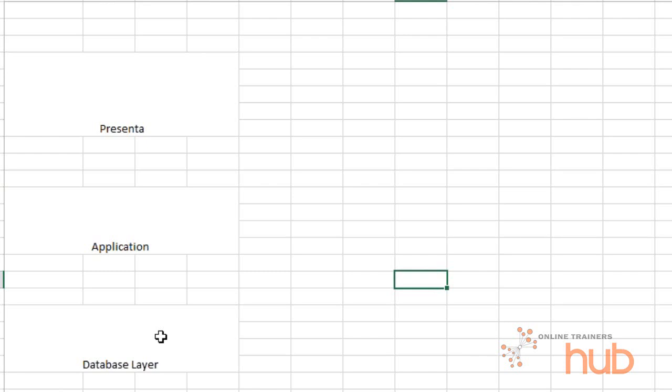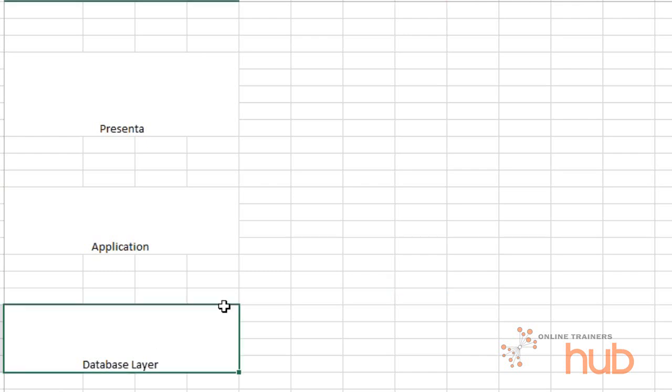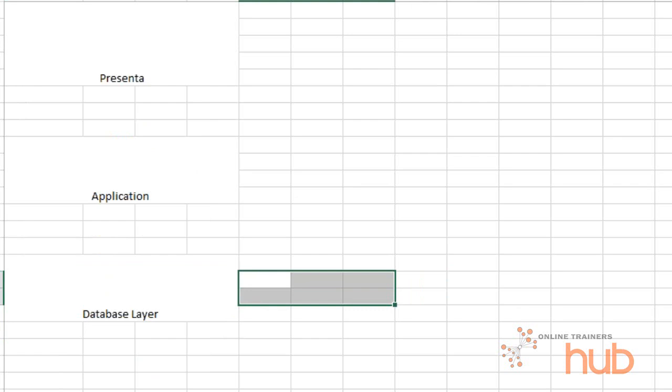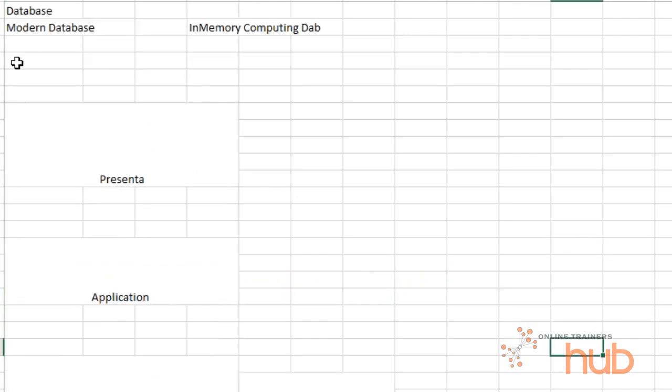Now this database layer has its storage within the secondary disk. This is your secondary storage, which we call the hard disk drive. Now the users exist at this layer. The users will interact only with the presentation layer.